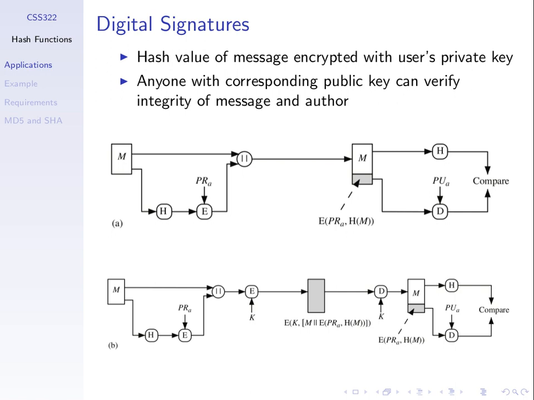Since we've modified the message, let's take the hash of that modified message, hash of M prime, and encrypt that with what? What does the malicious user encrypt with? We don't know the private key of A here, so we need to encrypt with some other private key of the malicious user.